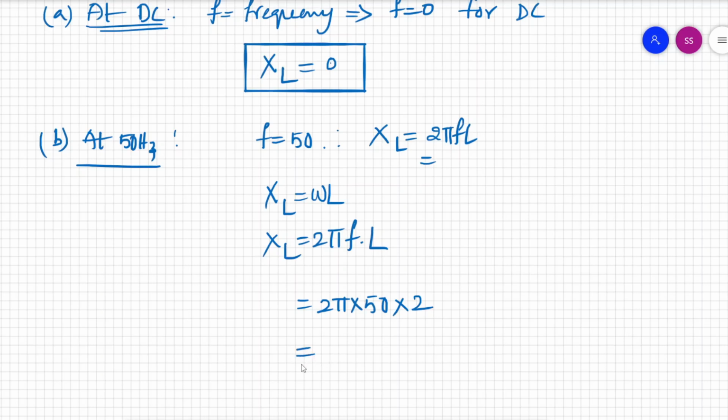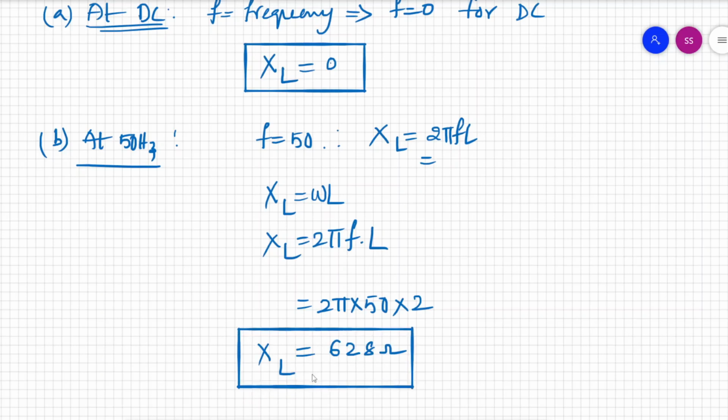So that is approximately 628 ohms. Inductive reactance at AC is 628 ohms.